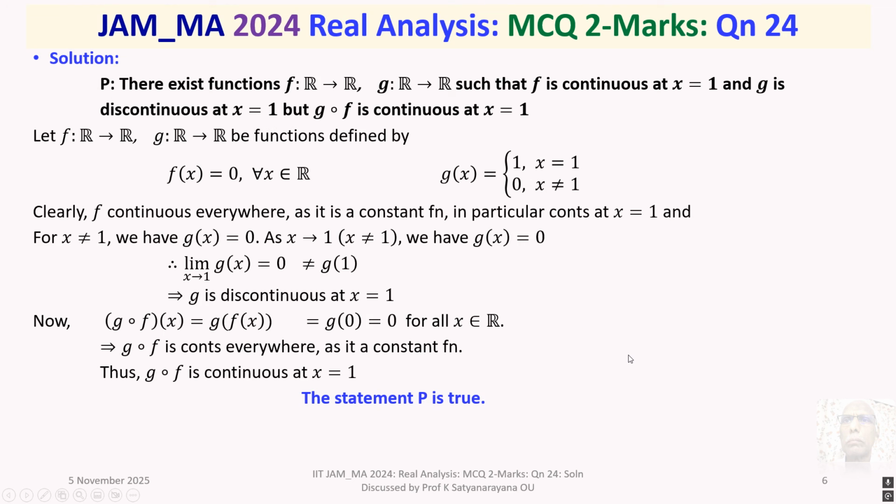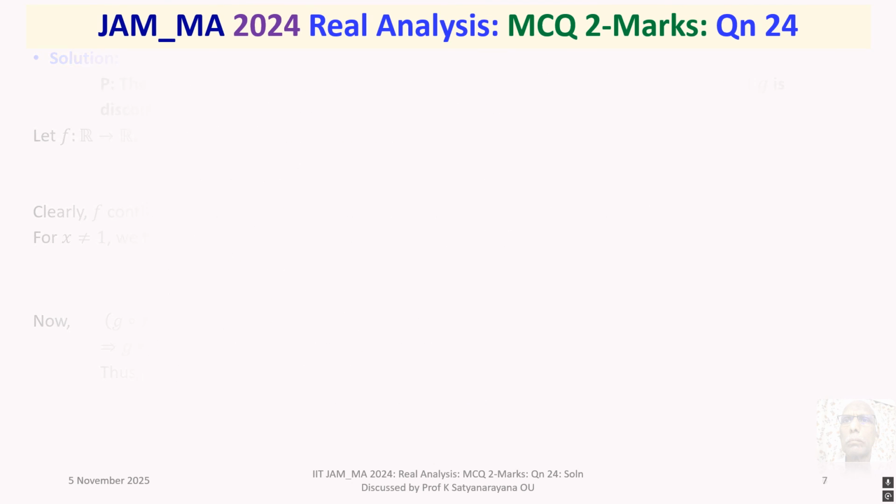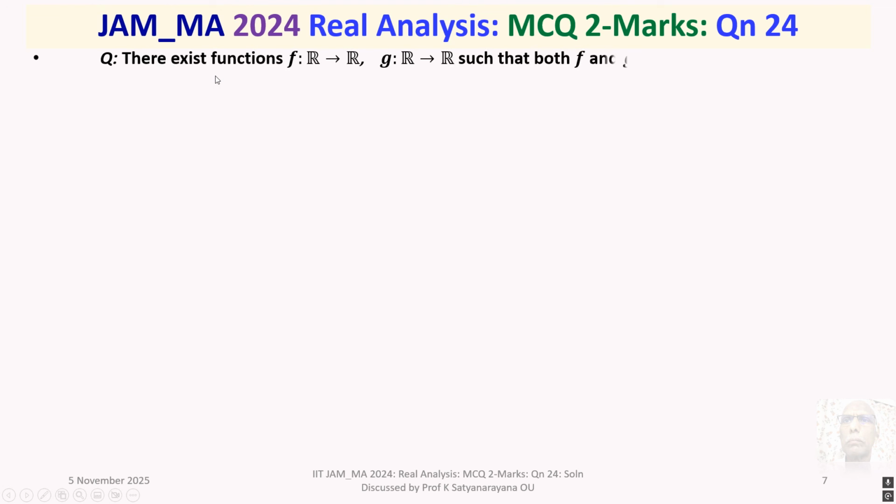Right. Let's go to the next slide for the discussion of the statement Q. The statement Q: there exist functions f and g both from R to R such that both these functions f and g are discontinuous at x is equal to 1, but G compose f is continuous at x is equal to 1.